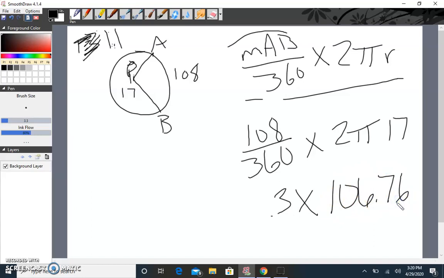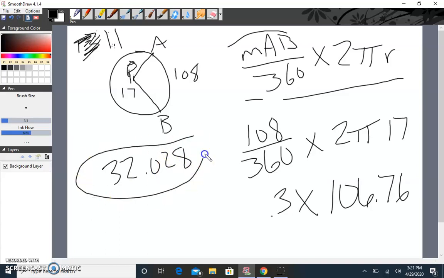Well, we take that and multiply it times 0.3, and we get an answer of 32.028. And that 32.028 is the arc length for A to B.